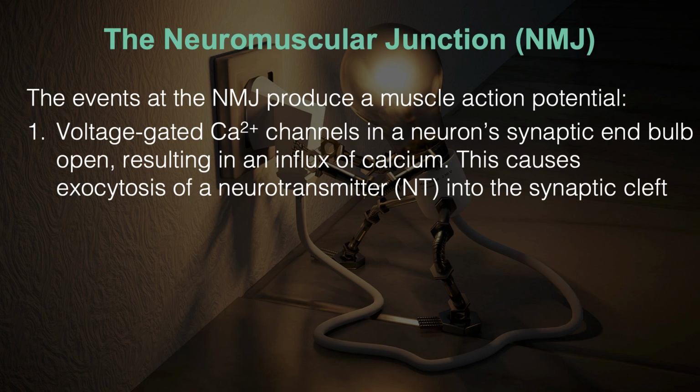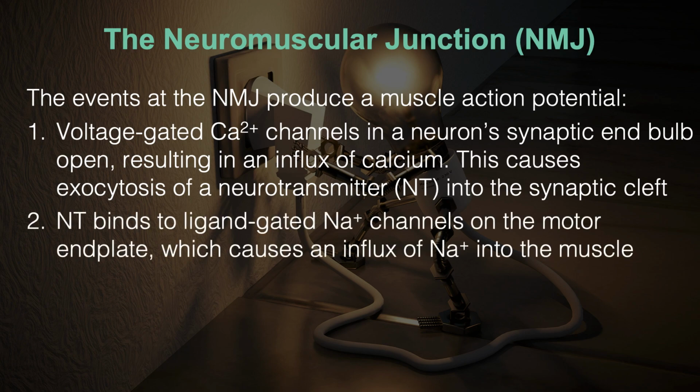Voltage-gated calcium channels open. Calcium rushes in. The neuron is prompted to release a neurotransmitter in response to calcium rushing in. That neurotransmitter goes into the synaptic cleft, the space between the presynaptic neuron and then whatever comes next.